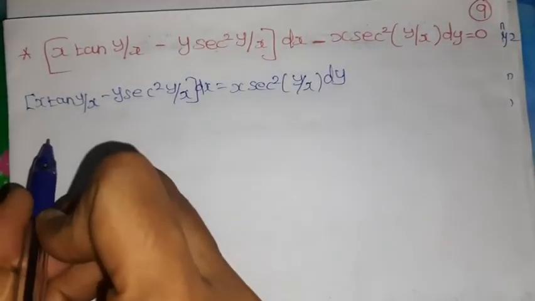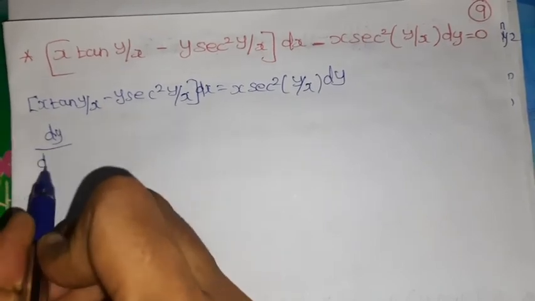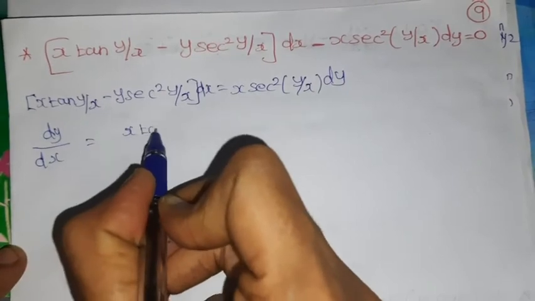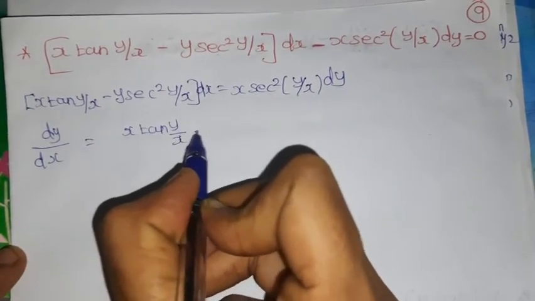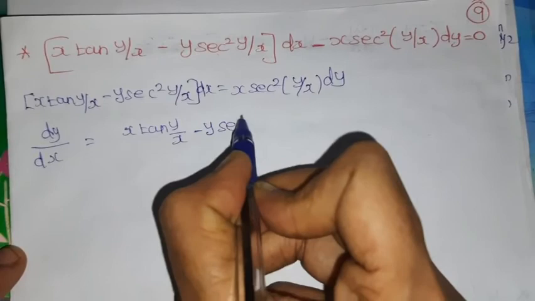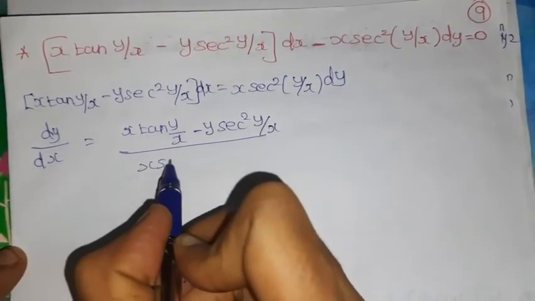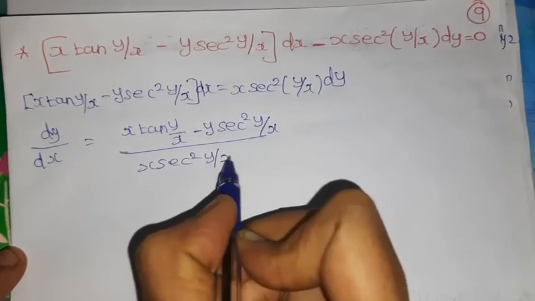So dy by dx, what we will get? dy by dx is nothing but x tan y by x minus y sec squared y by x divided by this term x sec squared y by x.